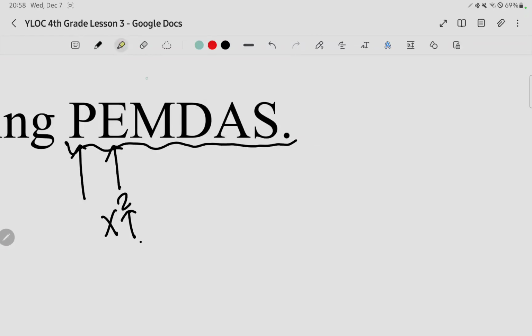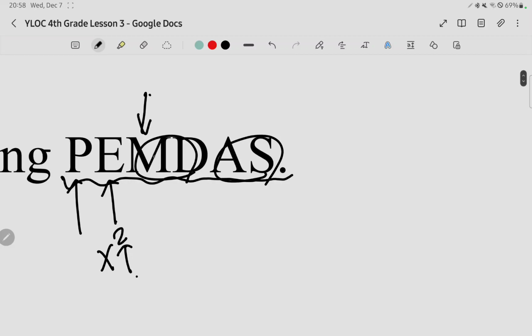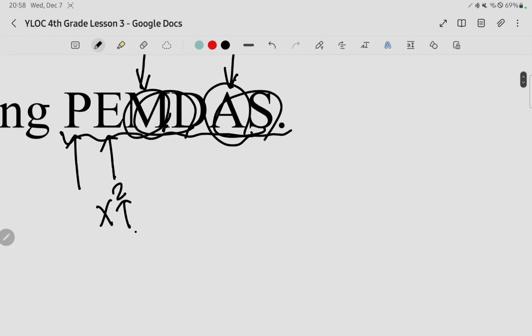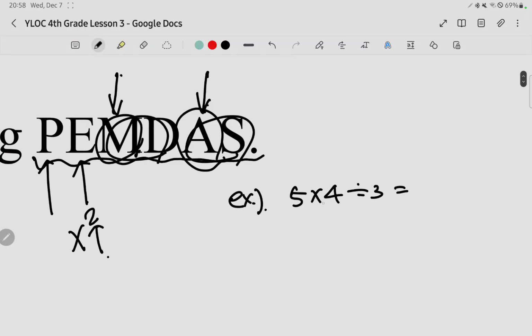Just a heads up, MD and AS can be exchanged. What I mean is that just because M comes first, it doesn't mean you have to multiply first. As an example, if you have 5 times 4 divided by 3, you multiply 5 times 4, which is 20, and divide by 3.